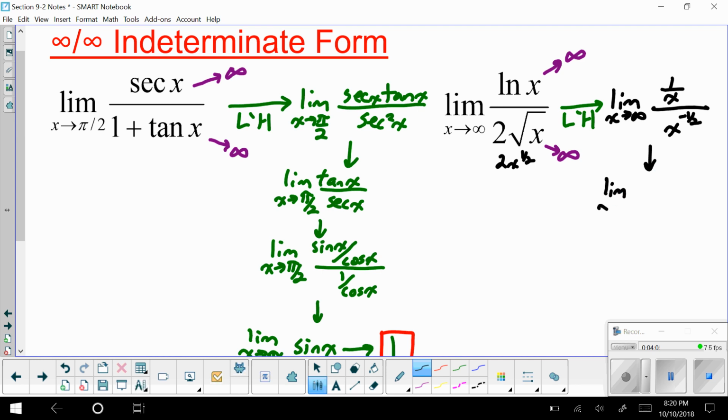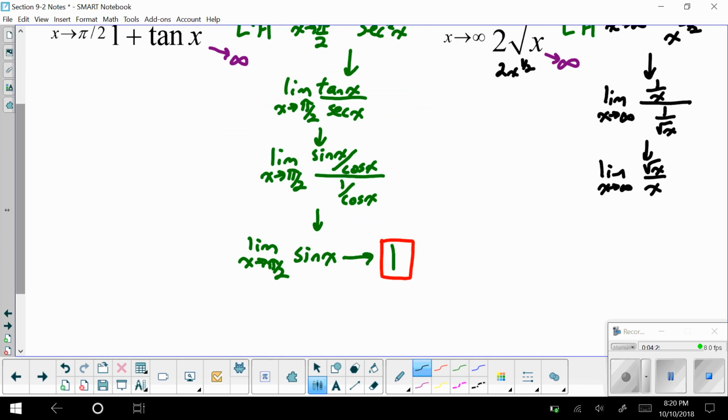So the limit as x approaches infinity of 1 over x all over 1 over square root of x, which when I do that division gives me the limit as x approaches infinity of the square root of x over x, which is the same as the limit as x approaches infinity of 1 over the square root of x.